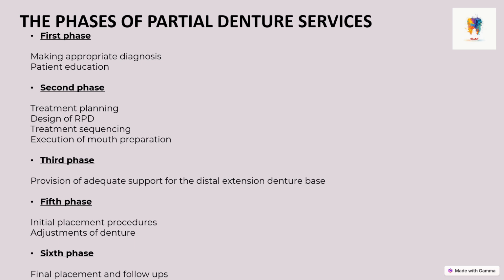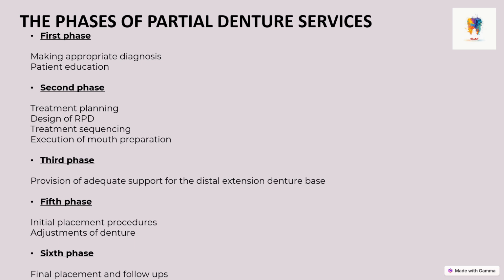We educate the patient about the denture: that he is going to have a denture, how to use it, how to place it, and how to take care of it. So the first phase is patient education. First, you have to counsel the patient that he needs a denture. Most people don't want a denture because of its expense or things like that, so you have to educate the patient about these things.